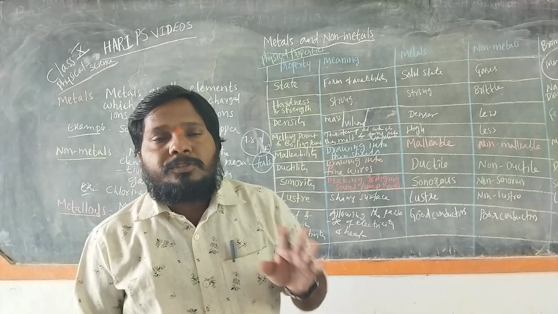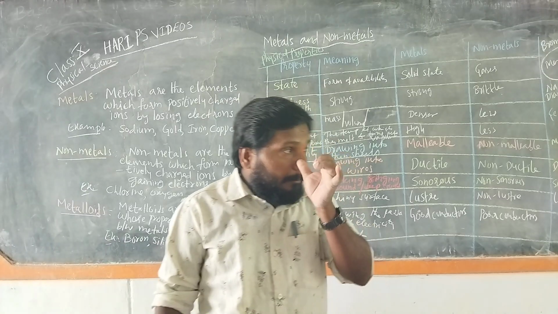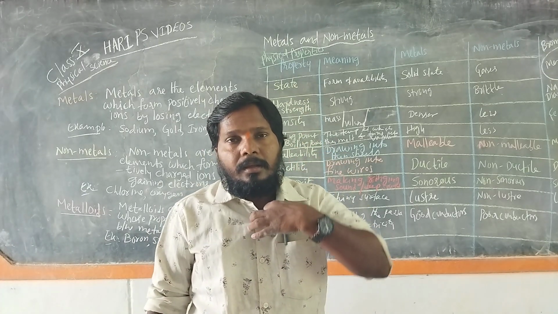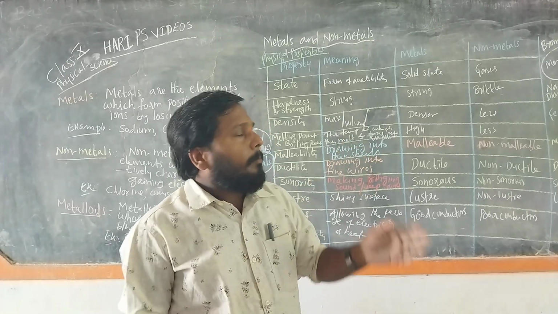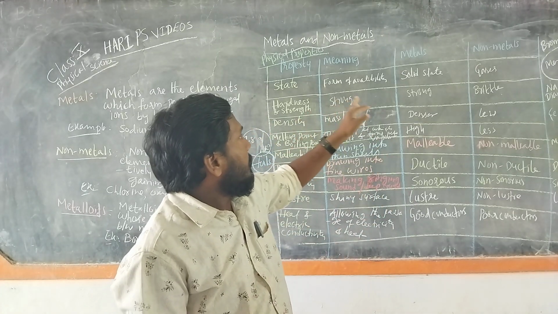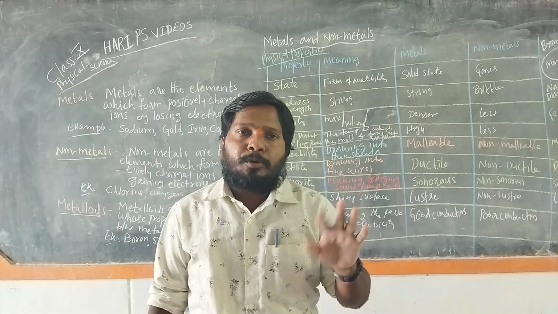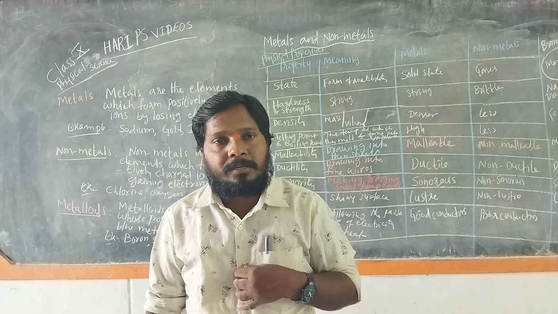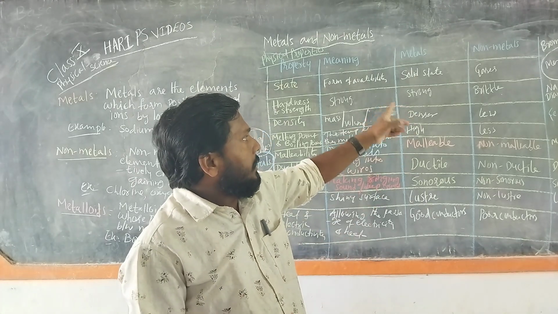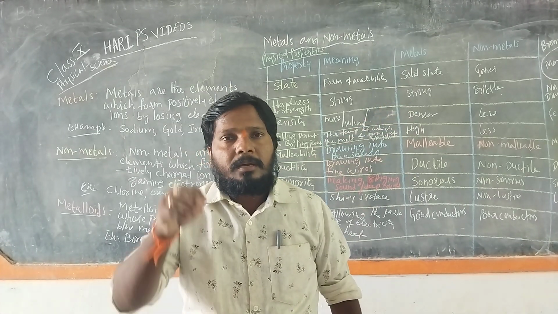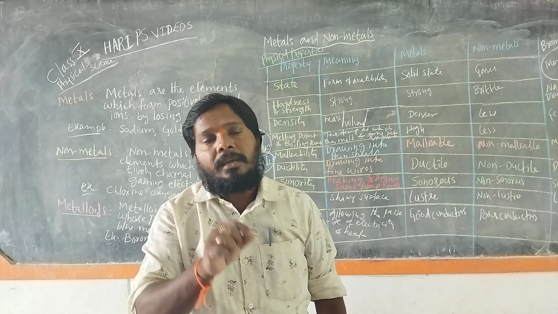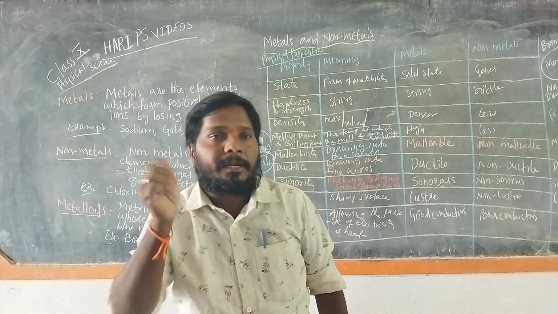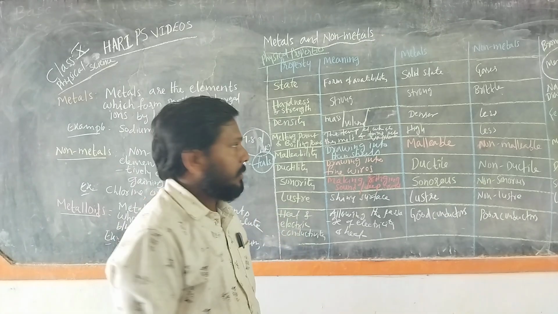Generally metals are hard in nature and non-metals are soft. But sodium and potassium are soft metals. Non-metals are generally not strong, but diamond, which is a non-metal, is the strongest material. This is one exception.